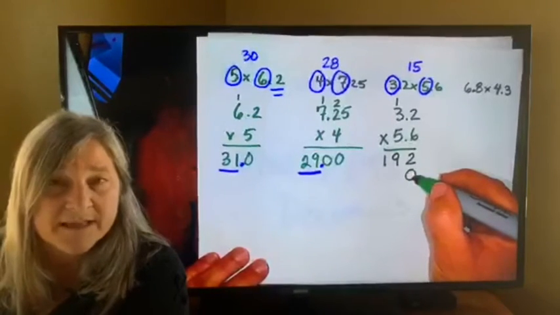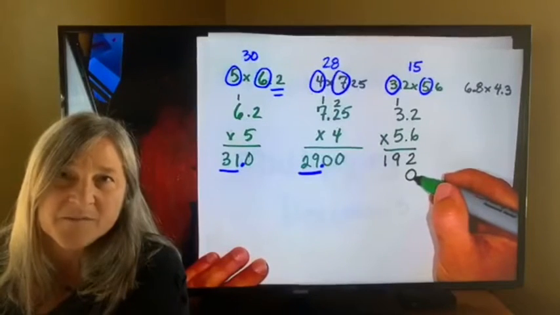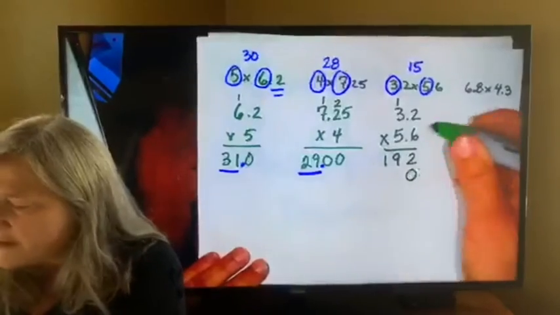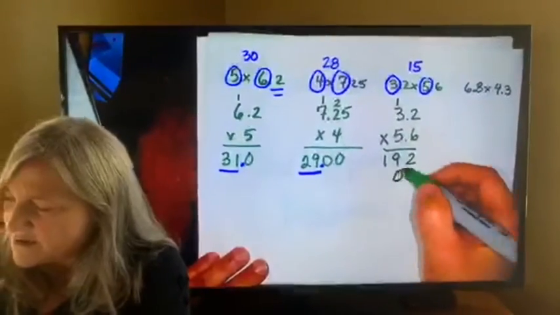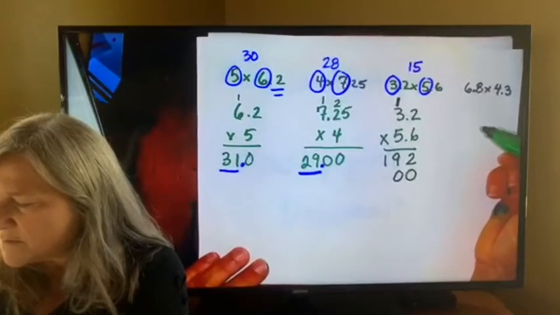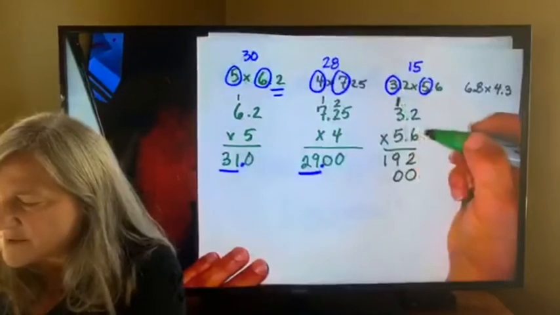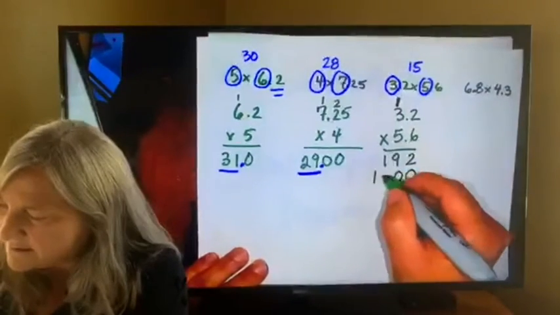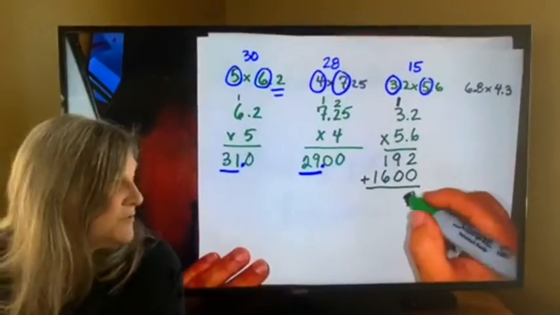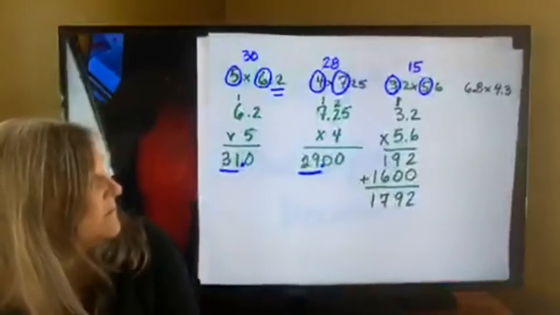If you don't know why that 0 is there, please look at my YouTube video on multiplying multi-digit numbers, and that'll let you know where that 0 comes from. 5 times 2 is 10, so I have 0, and I'm going to put my regrouped 1 over there. 5 times 3 is 15, plus that 1 that I regrouped, so that's 16. And now we're going to add these: 2, 9, 7, and 1.